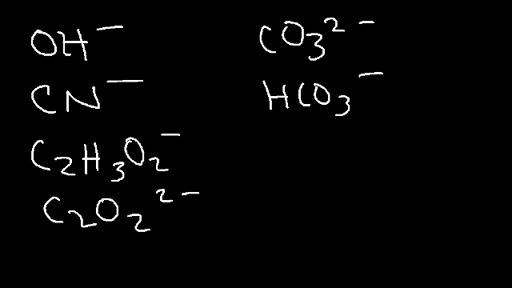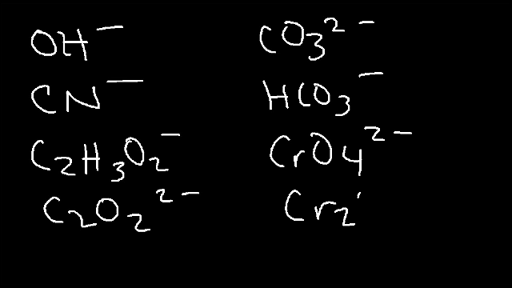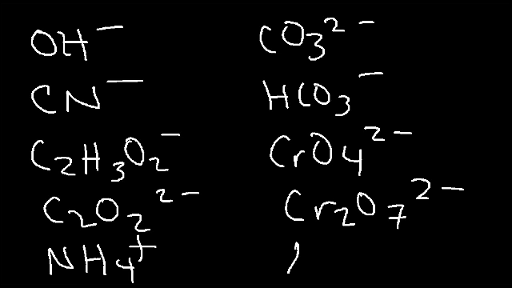HCO3- is bicarbonate or hydrogen carbonate. CrO4 2-, that's chromate. And this one is dichromate. NH4+ is ammonium. And MnO4- is permanganate. So those are some other ions that you should know as well.